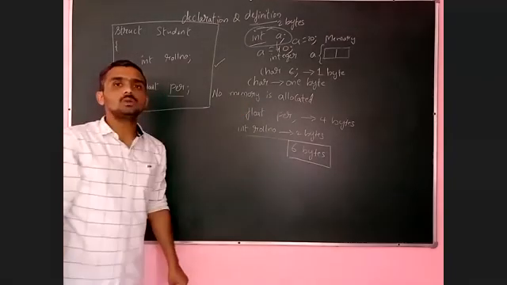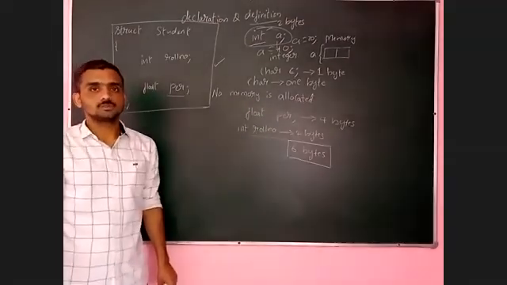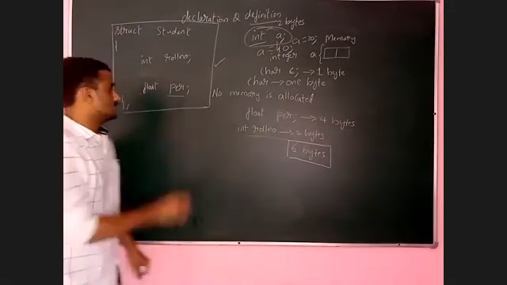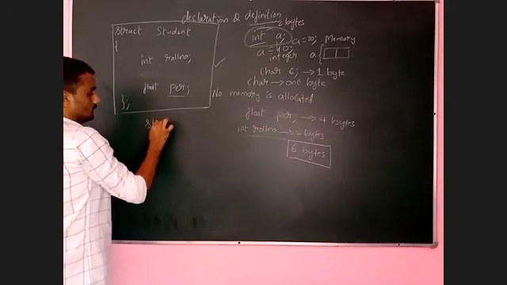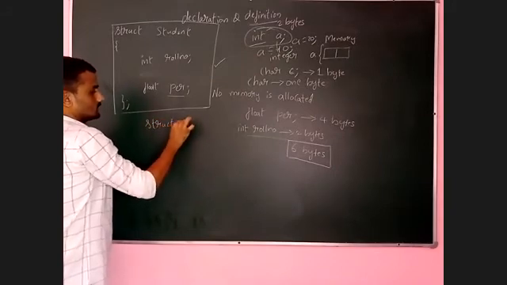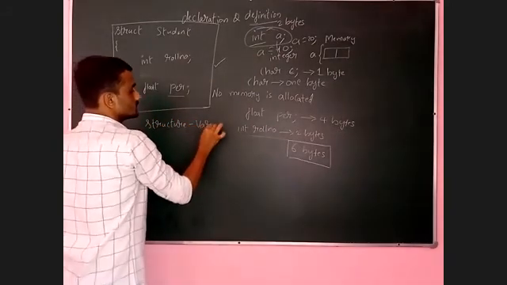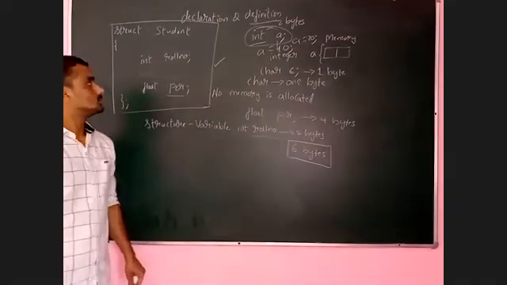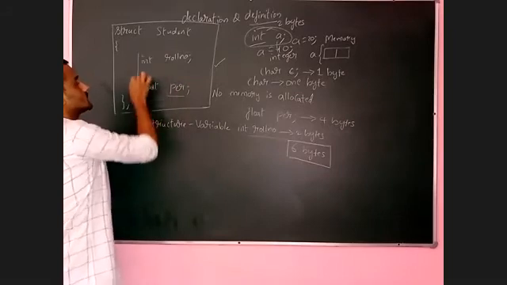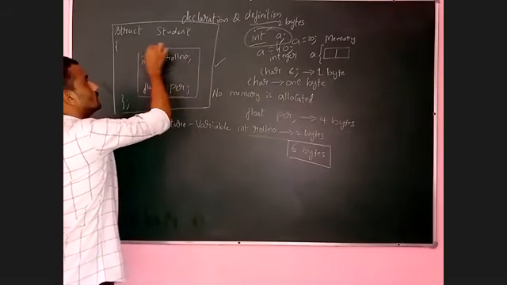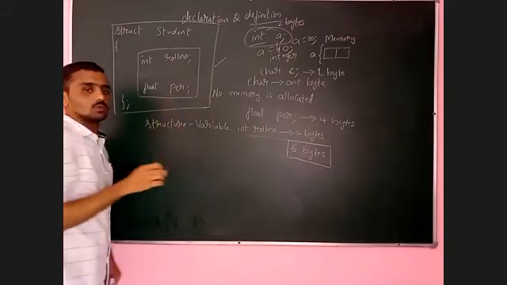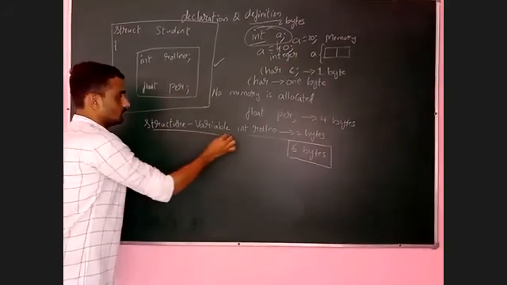Now, if I want to get the memory, what should I do? We have to declare a structure variable. Listen, whatever things you have written inside the structure, if you call them variables, there is one more term called structure variable.